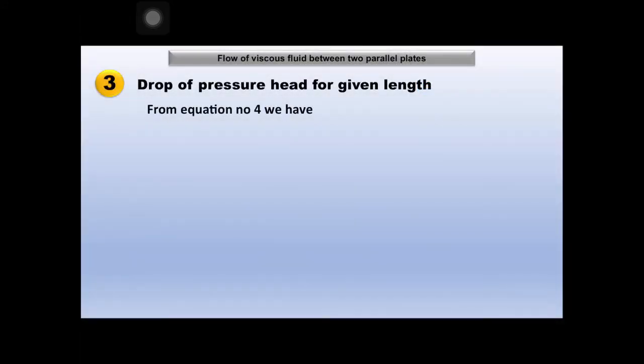Drop of pressure head for a given length. If you consider the length L for the two parallel plates, how much pressure is going to drop from section 1 to section 2 while the fluid is moving from section 1 to 2? In order to derive that, we need equation number 4, which we have already seen: u bar equals minus 1 by 12 mu into delta p by delta x into t square.